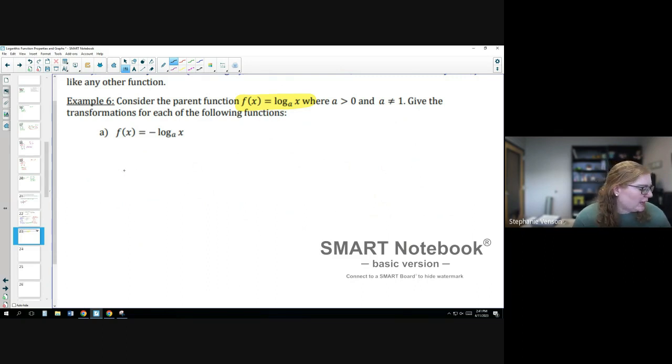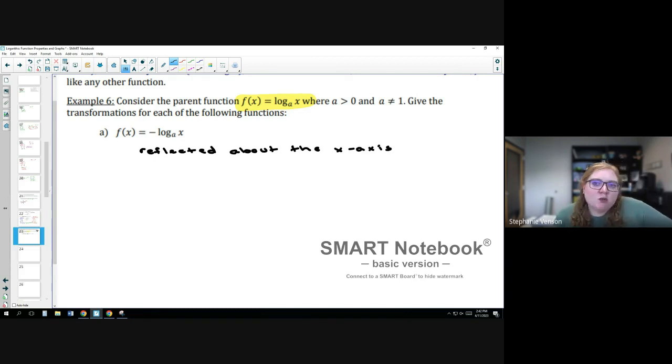Okay, so there's your parent function. So I want you to look at it. If there's a negative on the outside, what do you think that is? Well, that's a reflection about the x-axis. If you will remember with me, I did this exact same thing with exponentials in the last lesson.